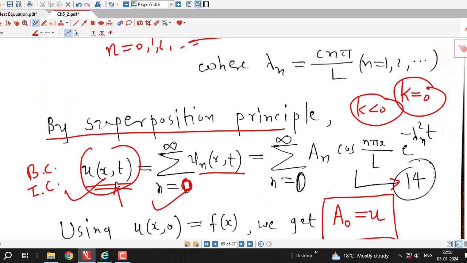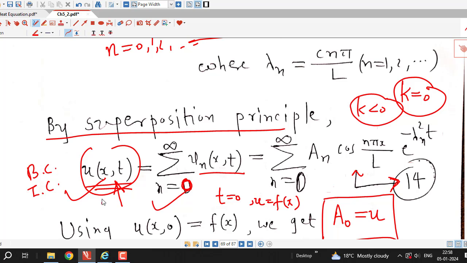So to use the initial condition, we will take t equal to 0 and u equal to f(x) in this equation number 14. I will write t equal to 0 and u equal to f(x) everywhere in equation number 14.